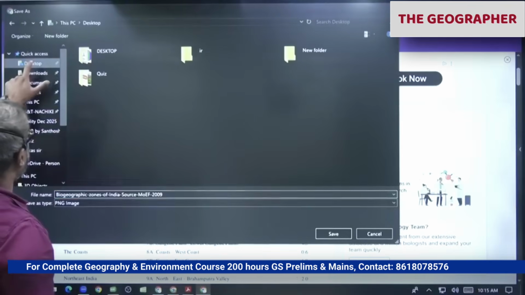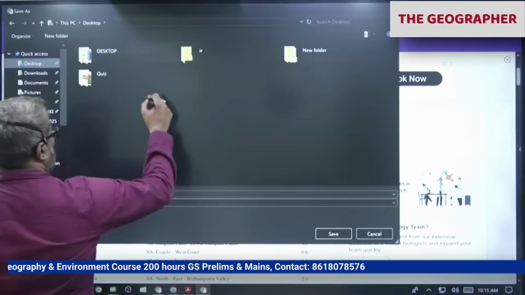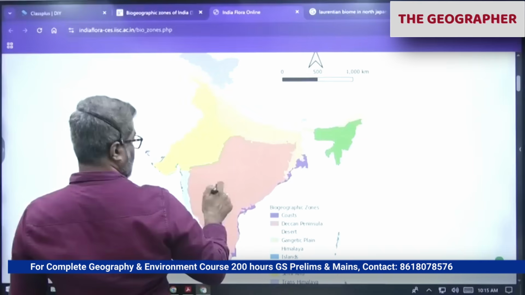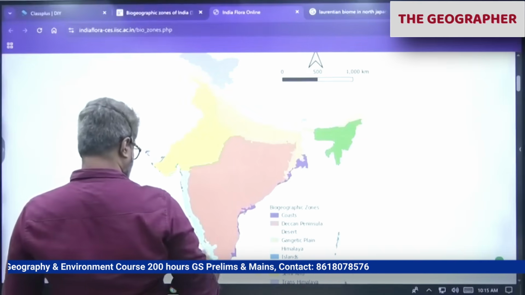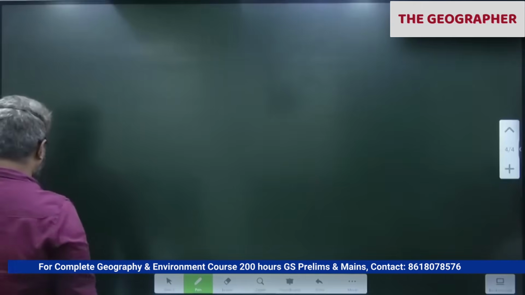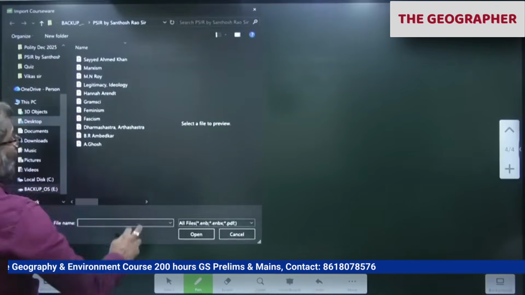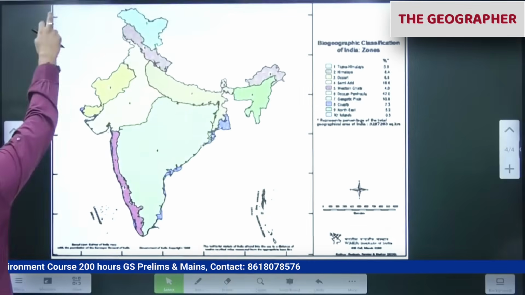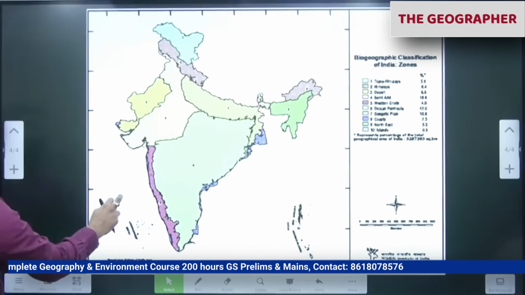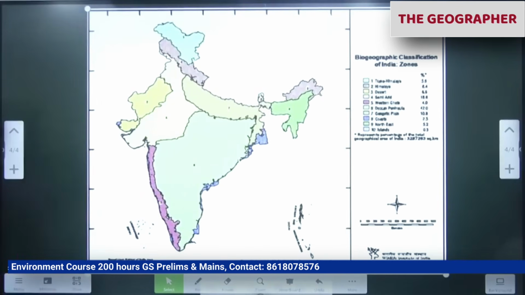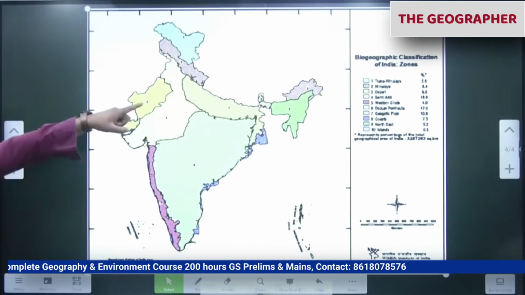Downloads. We'll create it. See here, I'll import the file now. See this now, map of India embedded into the document. See this, all this given.